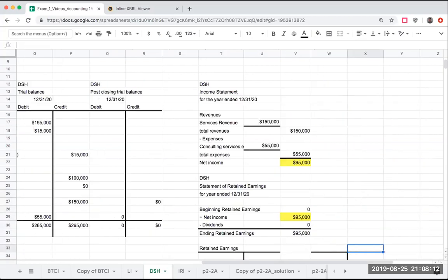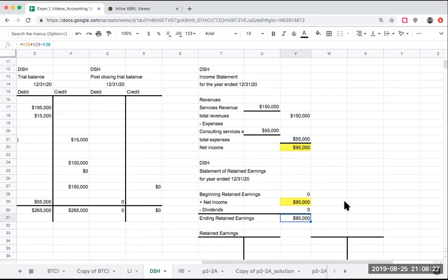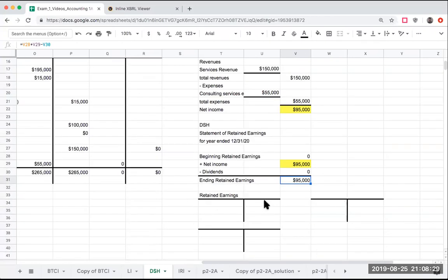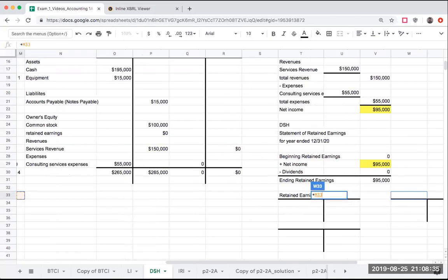If you think about it, by definition, what does retained earnings mean? It means we generated this amount of income, we paid this amount out to our shareholders, and this is what we're actually keeping. So I'm going to list all of my temporary accounts in these T accounts.